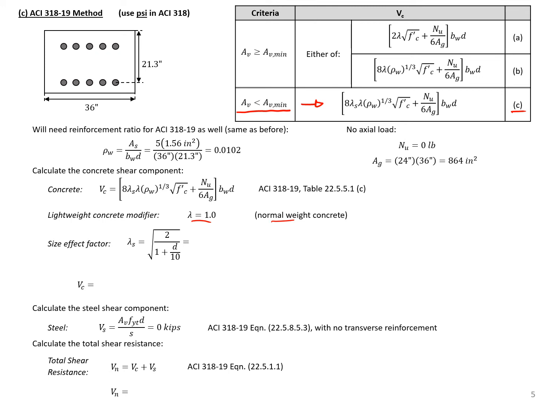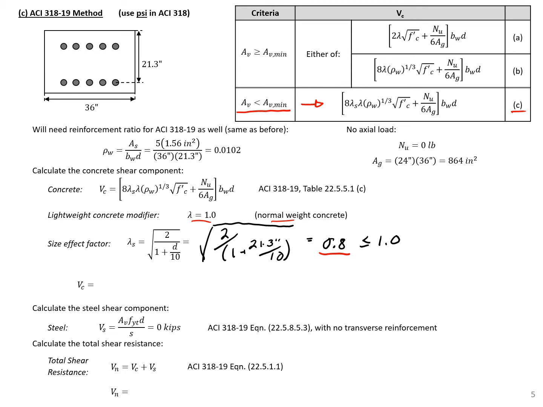So our size effect factor is going to be the square root of 2 divided by 1 plus our D, 21.3 divided by 10, which will give us a lambda S equal to 0.8. And this needs to be less than or equal to 1. So in our case it is, so we'll use a lambda S equal to 0.8.